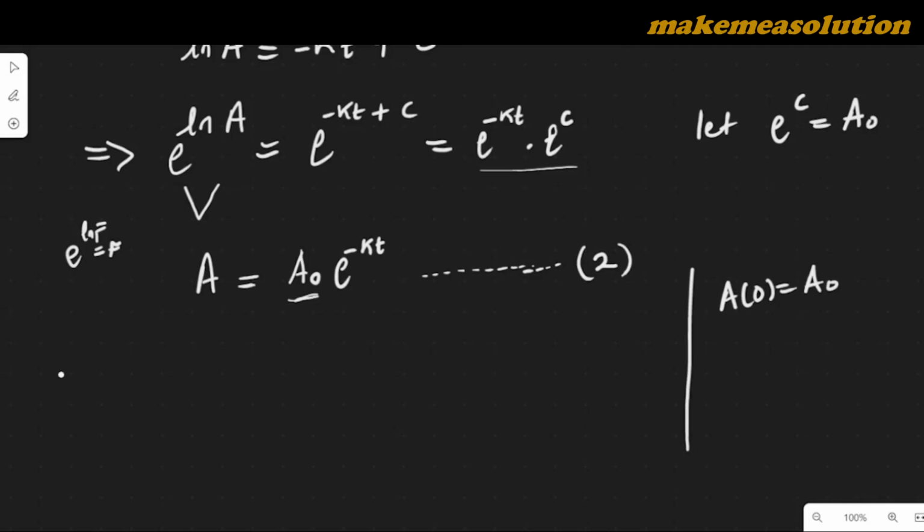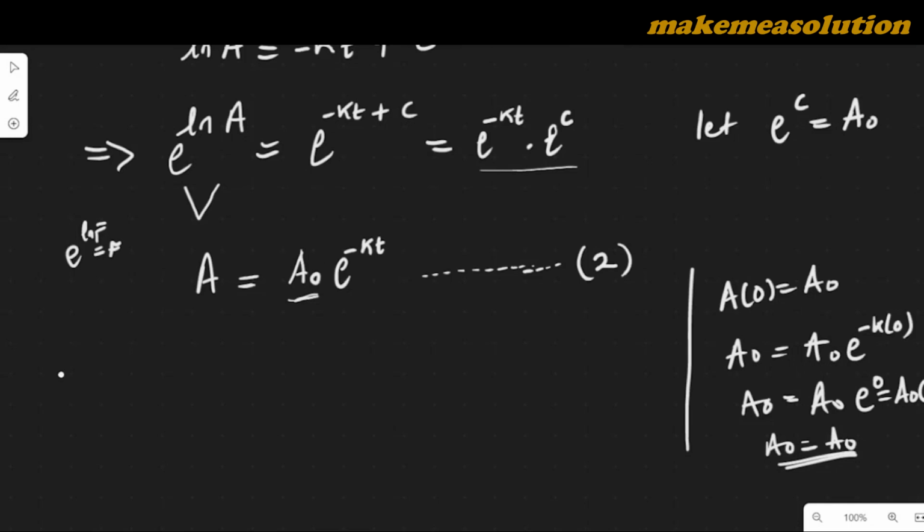So anywhere you see a, you're replacing it with a naught is equal to a naught, for instance, exponential minus k of 0. So a naught is equal to a naught exponential 0, which is equal to a naught times 1, and a naught is equal to a naught.